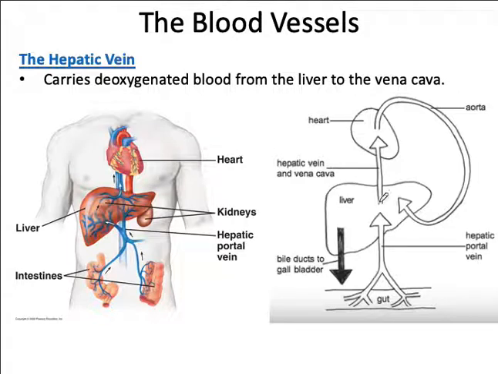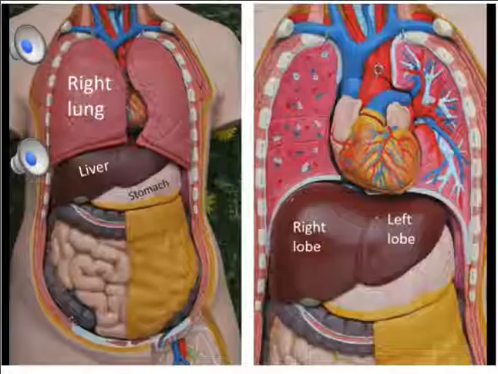So you can see, if I draw on to this diagram, the hepatic vein returning back into the vena cava, which is then returned to the heart, and then out of the systemic circulation into the pulmonary in order to be oxygenated again and therefore be useful.